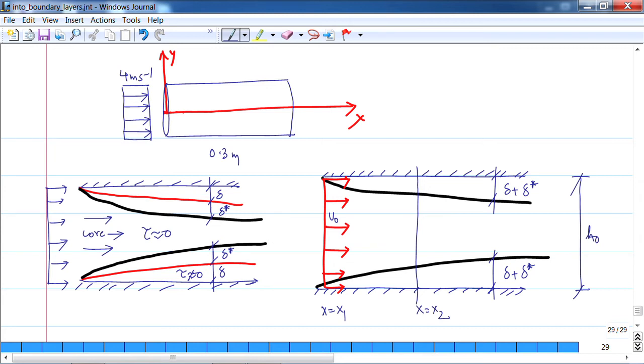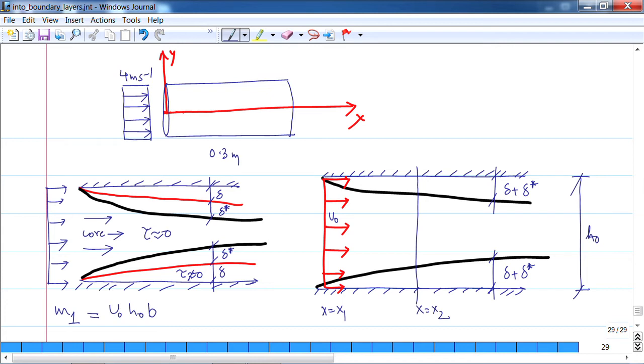Now, if you look here, the total mass flow at the section x equal to x1, let me call that m1, and that is going to be u naught, h naught, into b, which is just the breadth.